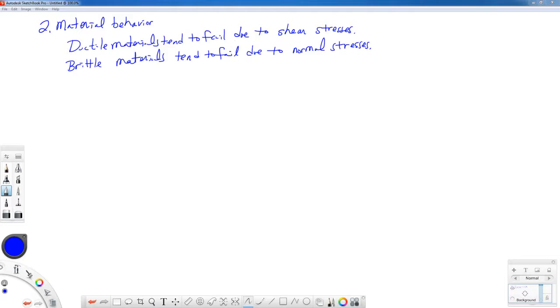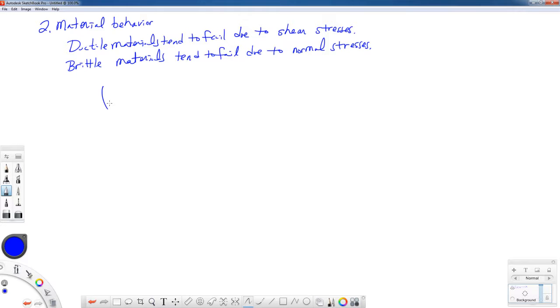Now there are some important implications of these stresses occurring at different angles. And if we think about material behavior, one of the things that I try to emphasize in this course is that ductile materials tend to fail due to shearing stresses, and brittle materials tend to fail due to normal stresses. What that means is we can estimate the failure mode of the material if we know that it's in torsion.